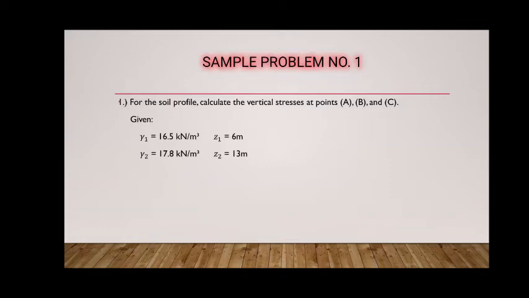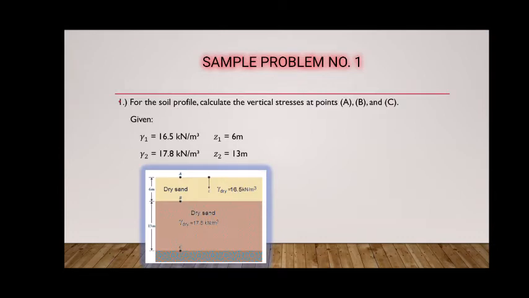For delta sub 2, we have 17.8 kilonewton per cubic meter, and C sub 2 is equal to 13 meters. This is the figure. As you can see, we have points A, B, and C.